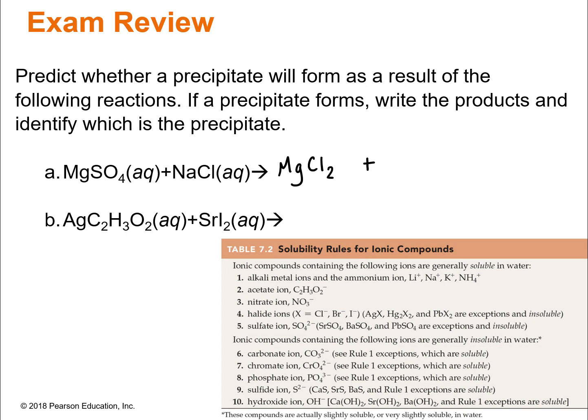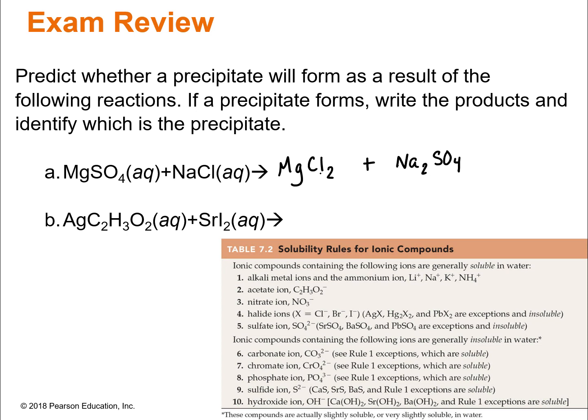So I switched the partners for the magnesium, and now I've got to do the same thing for the sodium. Then I look at my solubility rules. So I've got magnesium chloride and I've got sodium sulfate. I find on the chart where I see something about these ions.